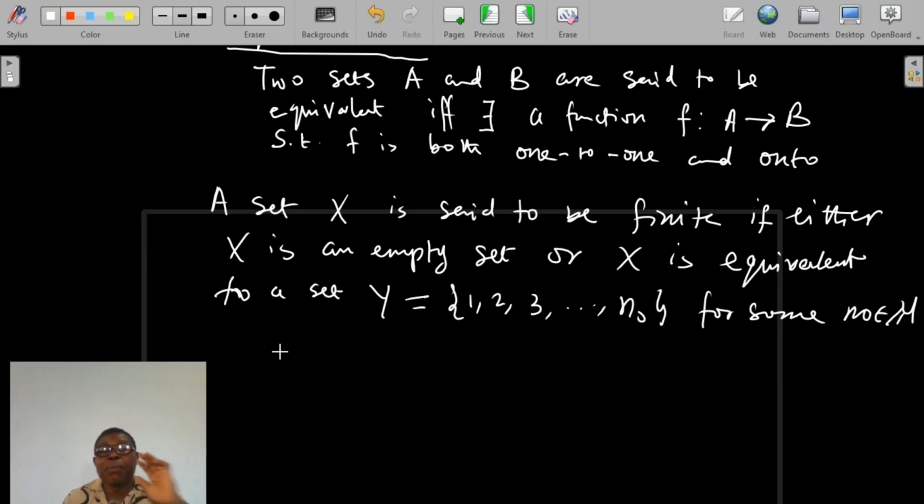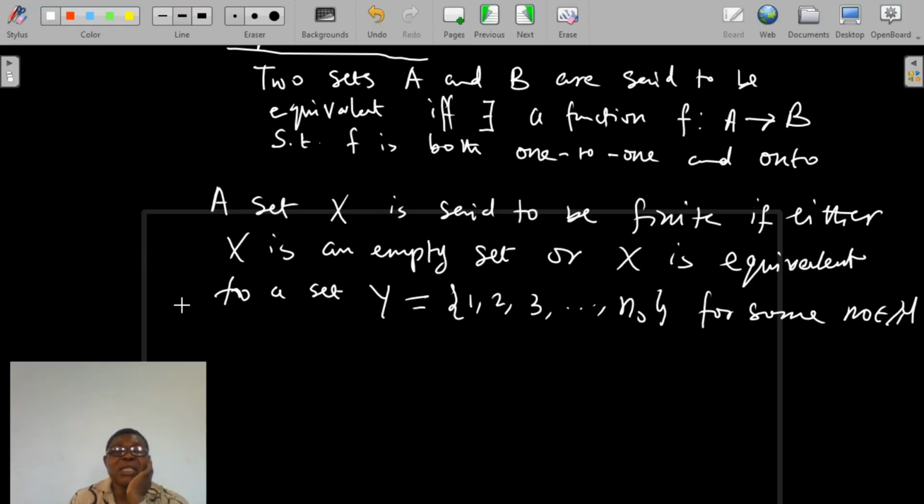So what this means is that whenever a set is finite, then it is equivalent to a set of this form, and being equivalent to the set of this form means that the number of elements in X will be the same as the number of elements in Y, and in this case the number of elements in Y is n naught, meaning that we can say that a set is finite if and only if its cardinality is 0 or its cardinality is a particular n naught for some n naught in the set of natural numbers.